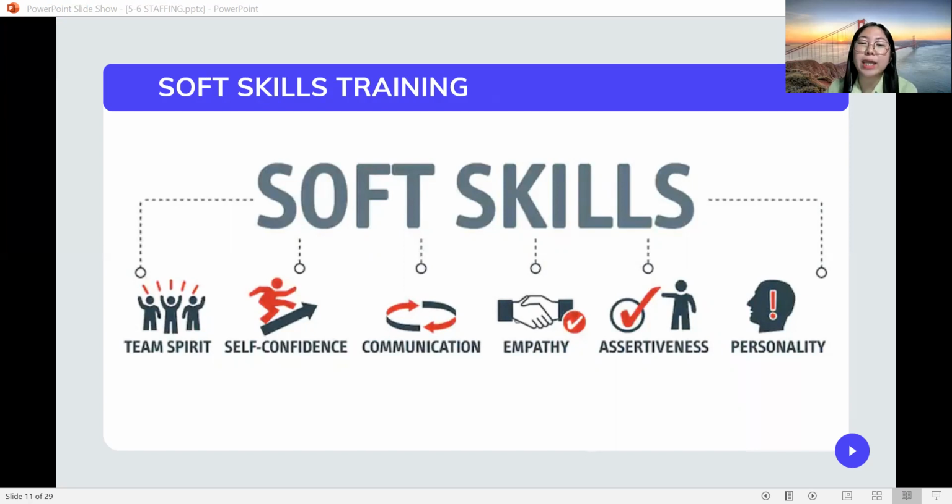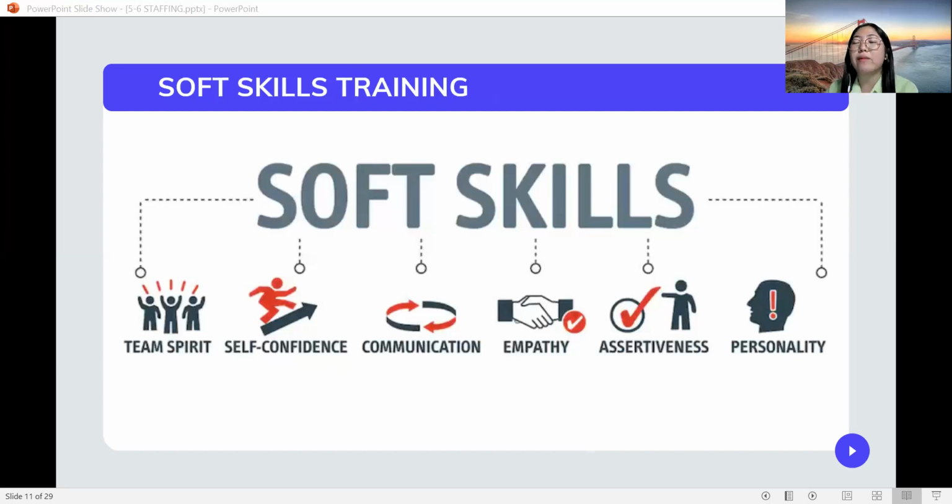So soft skills might include how to answer the phone or how to be friendly and welcoming to our customers or guests. It includes also sexual harassment training and ethics training, and also some of the retail or restaurant environment.